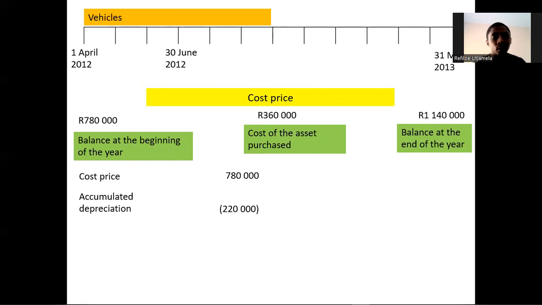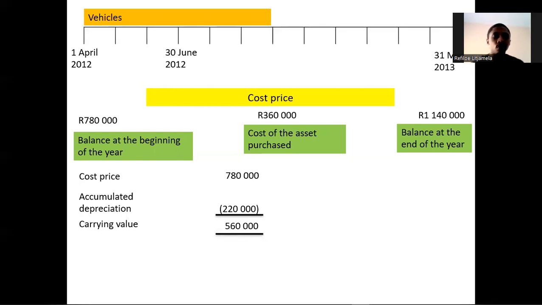And obviously that will give us the carrying value at the beginning of the year. The carrying value of old vehicles will be 780 minus 320, which is 560,000. So this is the carrying value of the old vehicles.